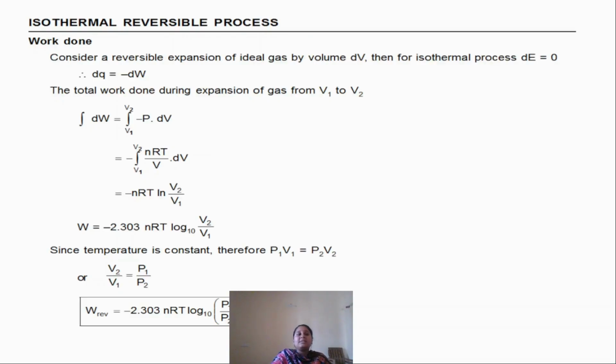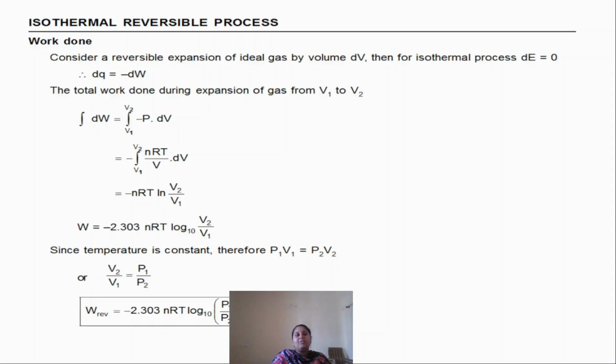The next is the isothermal reversible process. We have to consider a reversible expansion of an ideal gas by volume dV. Therefore, for the isothermal process, dE is equal to 0. Therefore dQ is equal to minus dW. So the total work done during the expansion from V1 to V2, we have to integrate the differential equation.